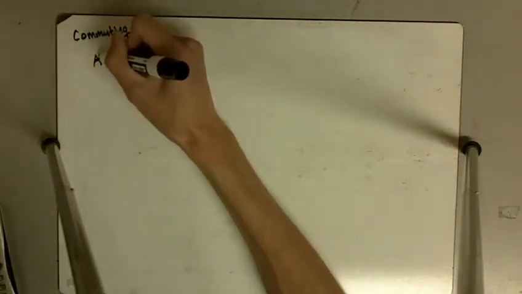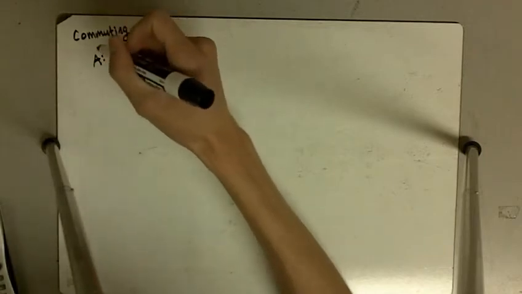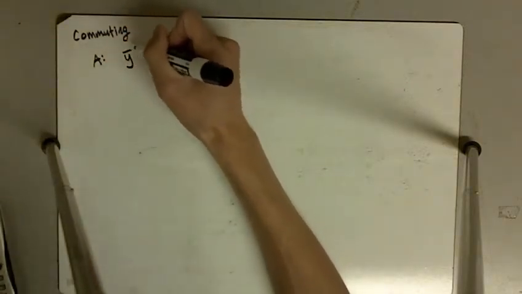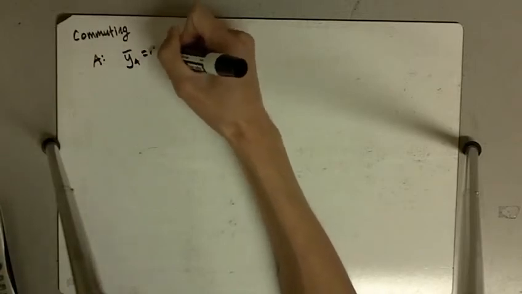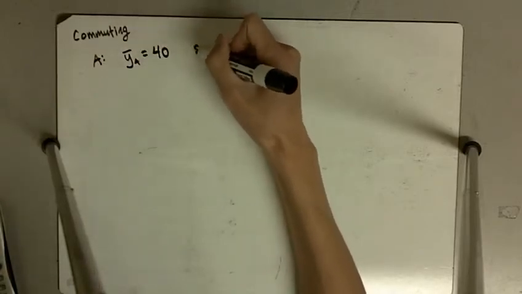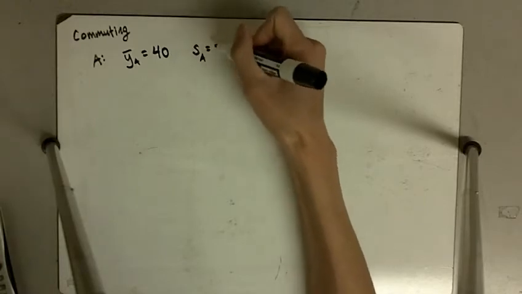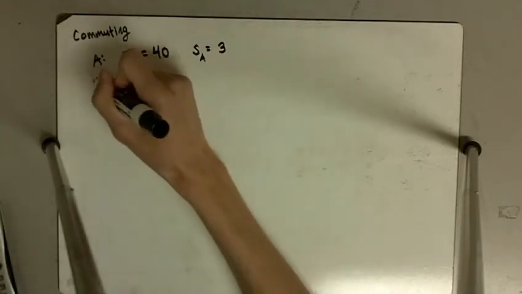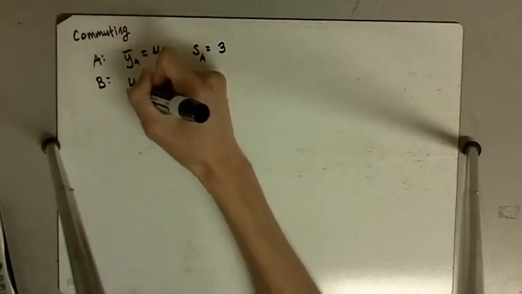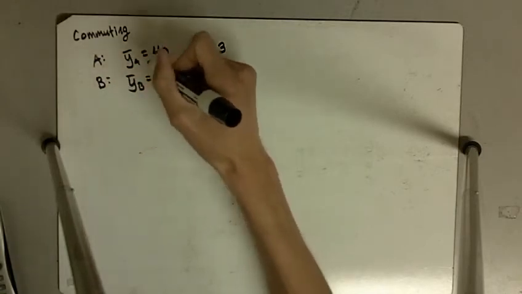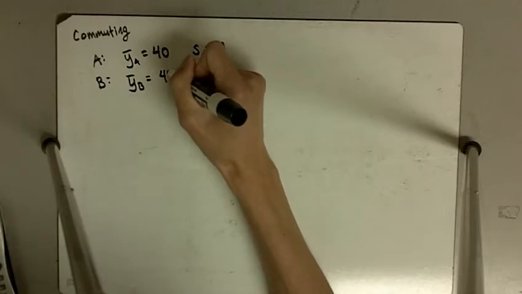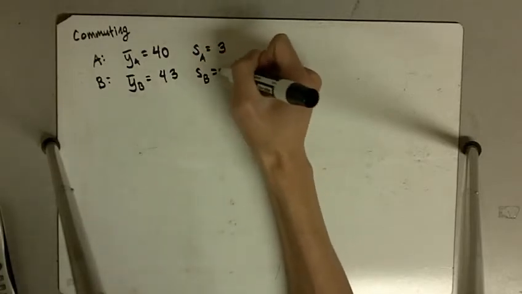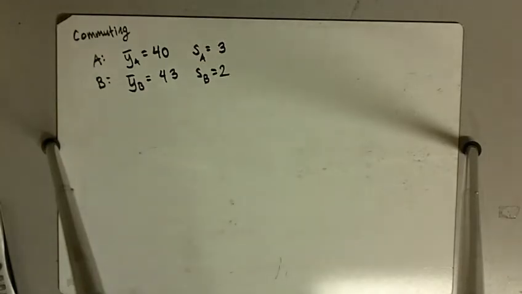So we've got Route A, and we had an average of 40 minutes. So y bar for Route A is 40 minutes, and the standard deviation of Route A is 3 minutes. And for Route B, the sample mean of Route B was 43 minutes, and the standard deviation of Route B was 2 minutes.